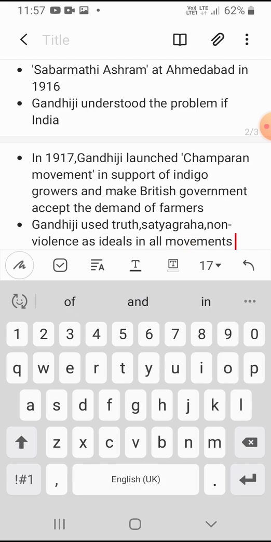So in all the movements, Gandhiji used these three things.